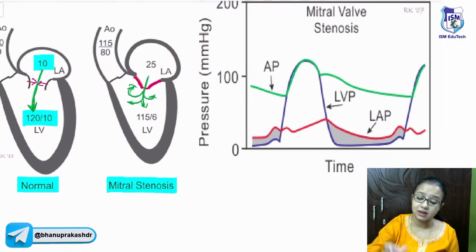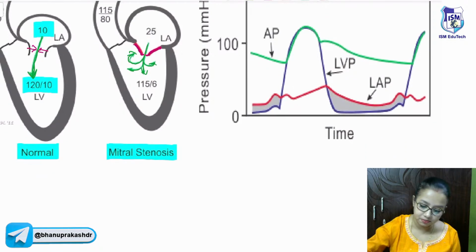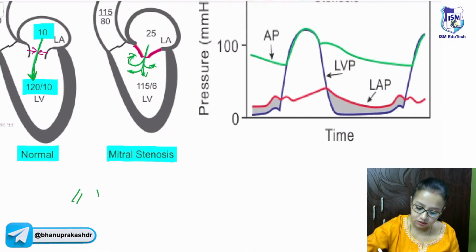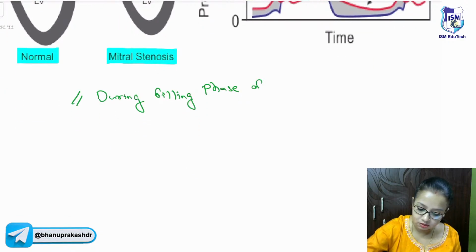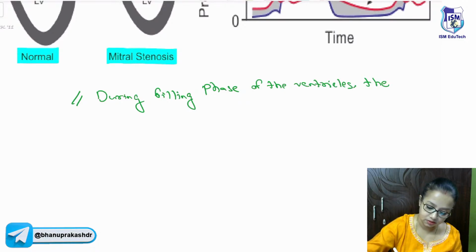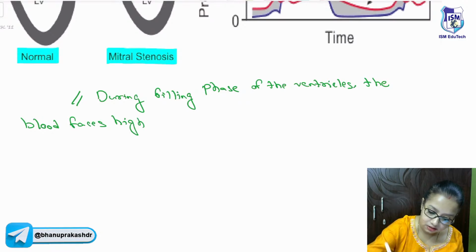As a result, the blood is facing more difficulty to pass through the narrow gap. So, here during the filling phase of the ventricles, the blood faces high resistance.